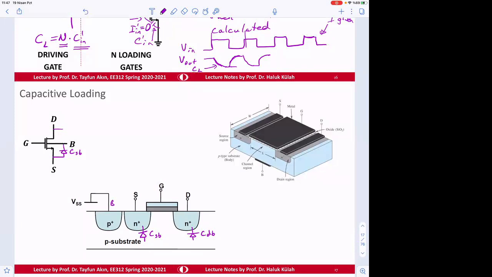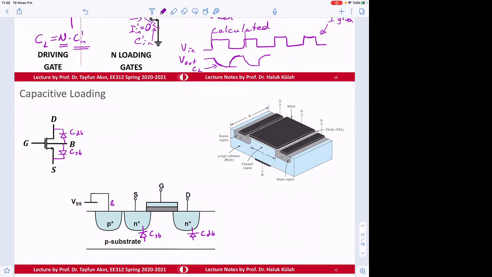Bulk is P, so this will be like this, and the source is N. So C drain to bulk is going to be one of the capacitances.